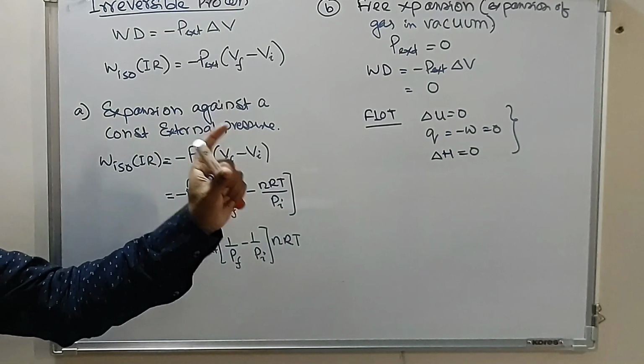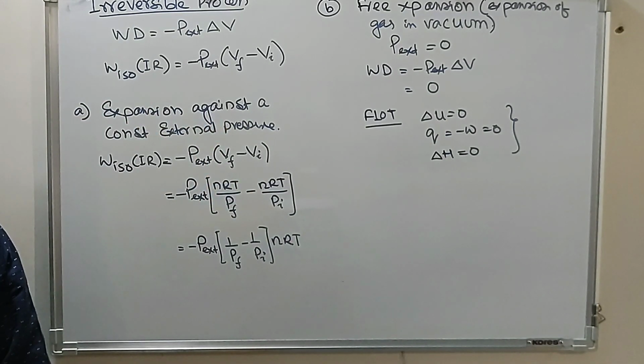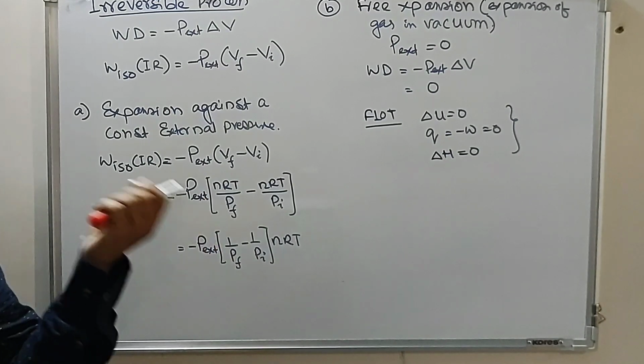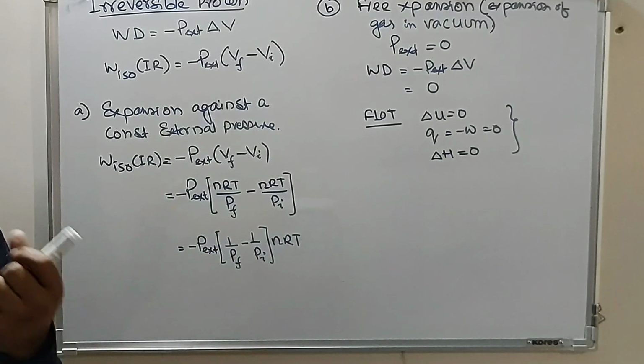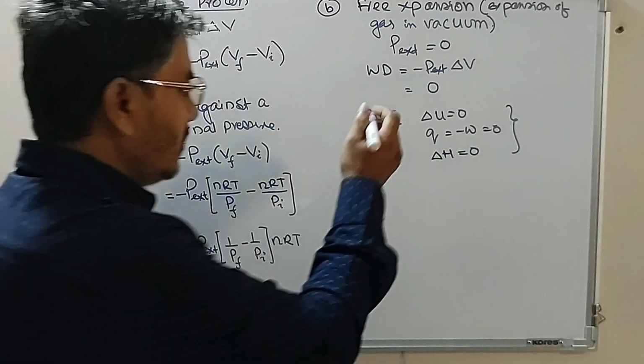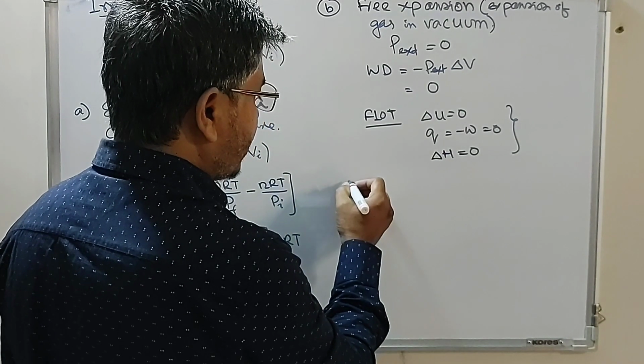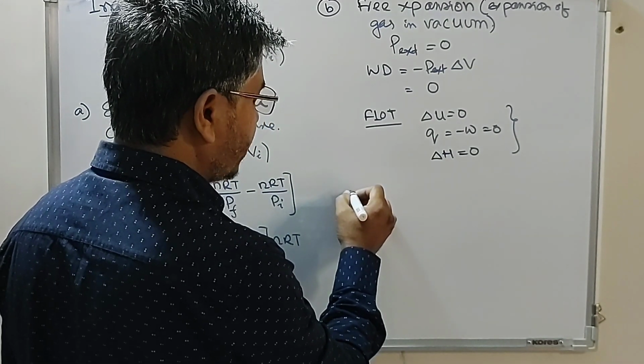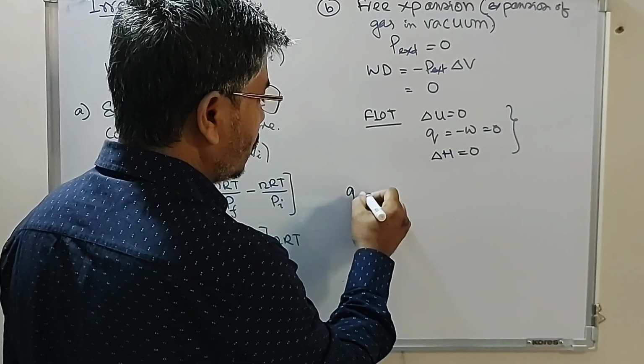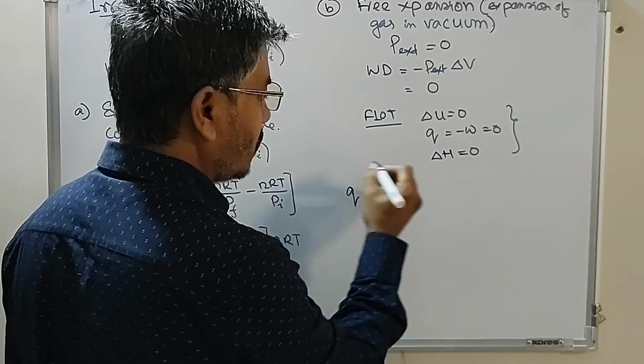Now, once we define this expression of work done, we can easily define the expression for the heat. Because for an isothermal process, Q is equal to minus of work done.